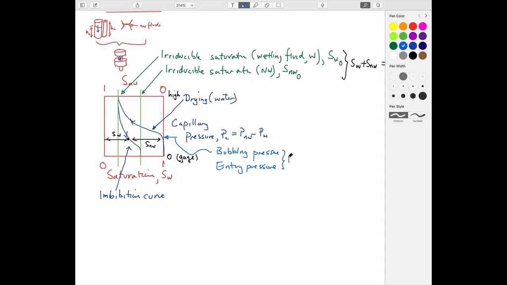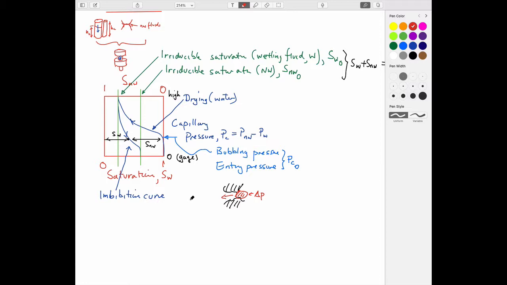These are sometimes referred to as capillary pressure 0, at 0 NAPL saturation, PC0. And physically, what it represents, you've seen this cartoon before of a grain and a grain, and if this is the oil, then it's the delta P that you have to apply to physically push it through here until it gets to the other side of this pore diameter.